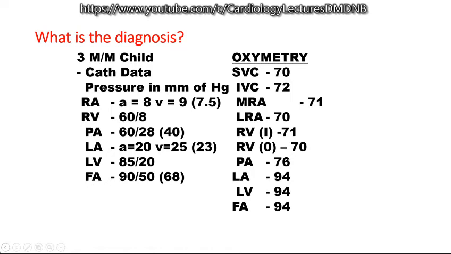But in a patient with a pulmonary arteriovenous fistula, what will happen to the LA oxygen saturation? It will decrease, sir. It will decrease because where there is a pulmonary arteriovenous fistula, there is no oxygenation of the blood, and the blood coming to the left atrium can be deoxygenated. That can happen. Okay. Anything else?